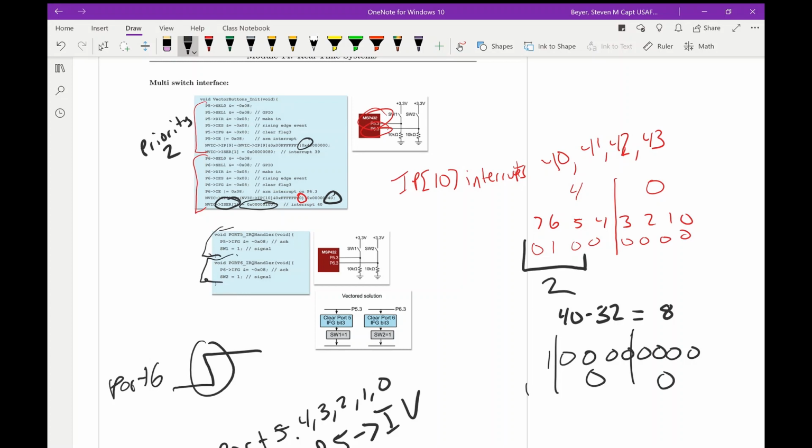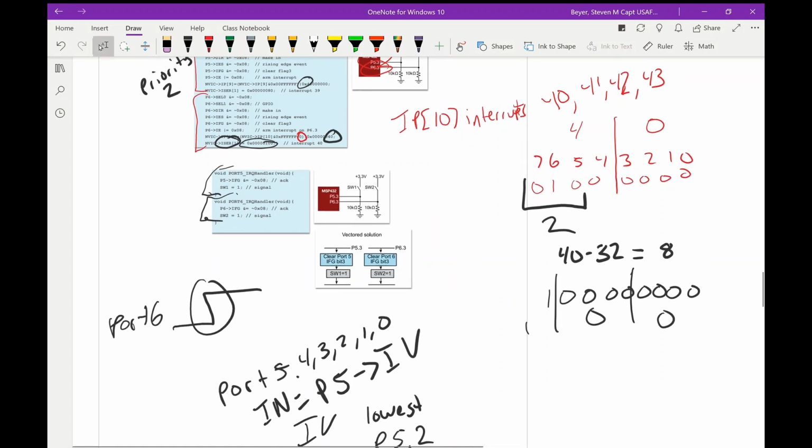Because they're the same priority, if we were processing this one, it would not be interrupted by port 6. All right, so that's multi-switch edge interrupt.